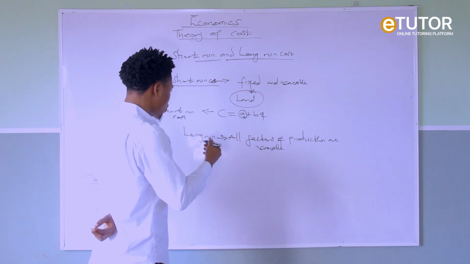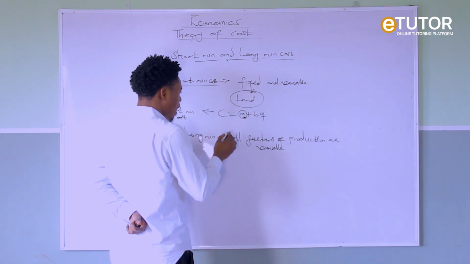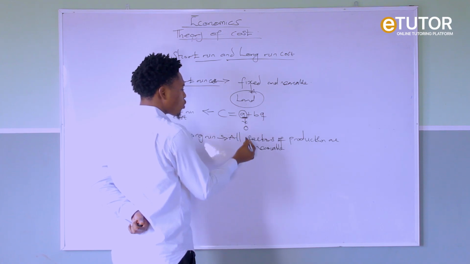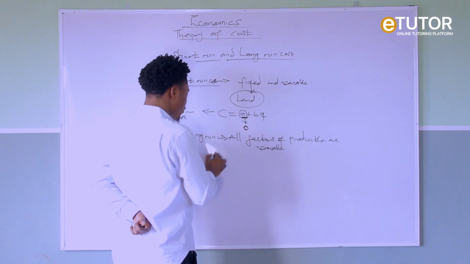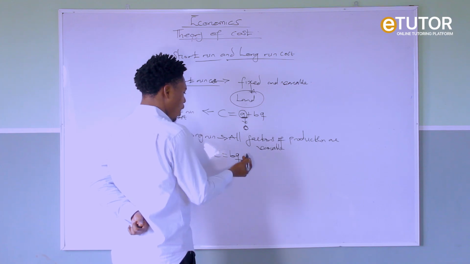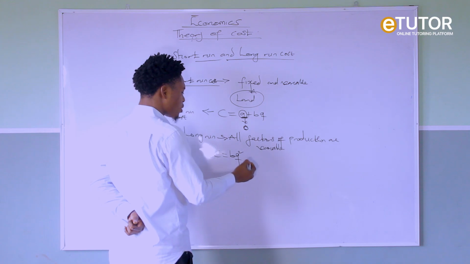So in our cost function, in the long run, our A equals 0, because A is a constant. So we don't have a fixed factor. All the fixed factors have become variable. So you have C equals BQ. Are you getting it now? And you can have it in a non-linear form when you have B square.